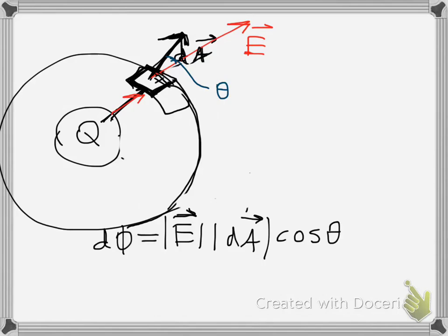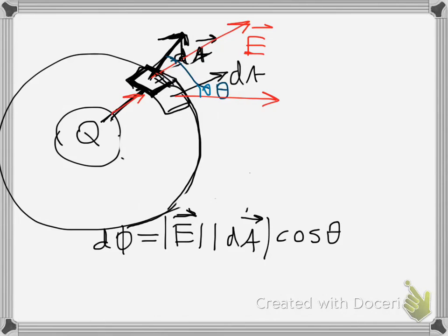So we would add another rectangle. Let's say it has a little area dA. And let's say the electric field over there is like this. Now theta is like this. So we would calculate E dot dA over there. And then we would do the same thing for this rectangle and this rectangle. So you would add them all up.